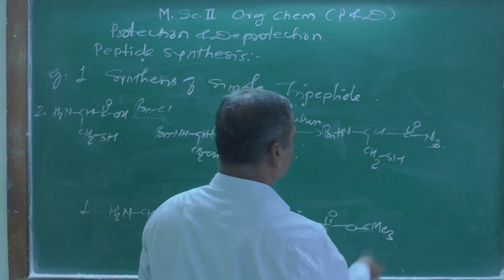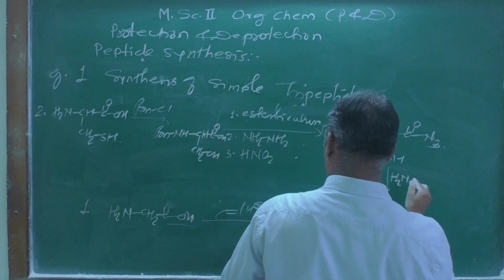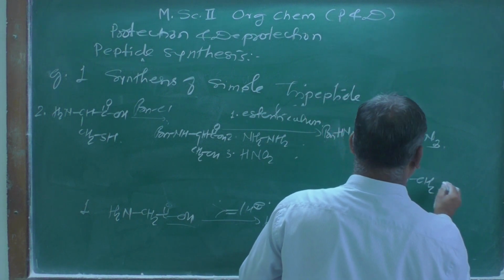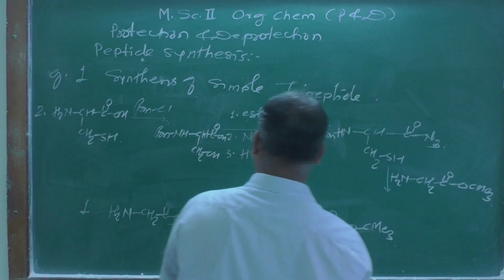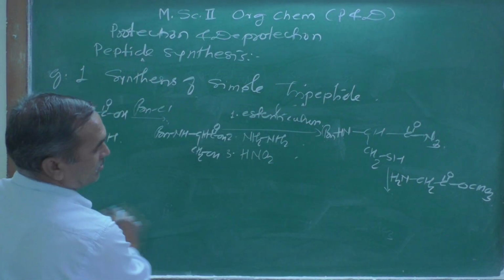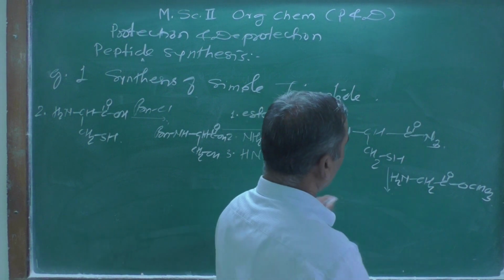with this one here, this one H2N, then CH2, C double bond O CMe3, right? And after reacting this with this, what are you going to get?